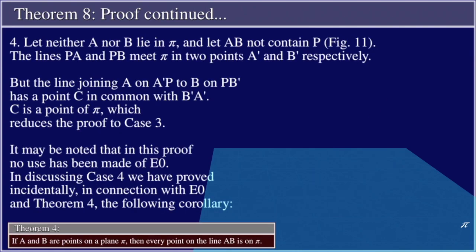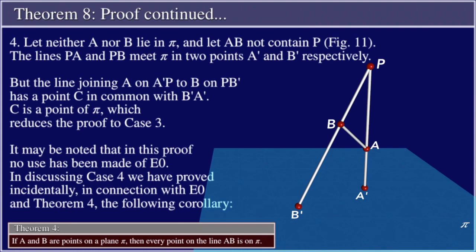4. Let neither A nor B lie in pi, and let AB not contain P, figure 11. The lines PA and PB meet pi in 2 points A prime and B prime respectively, but the line joining A on A prime P to B on P B prime has a point C in common with B prime A prime.